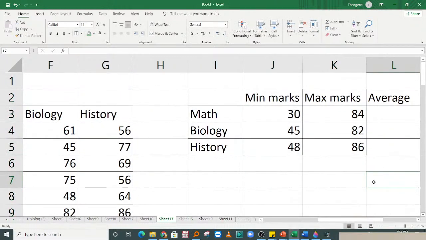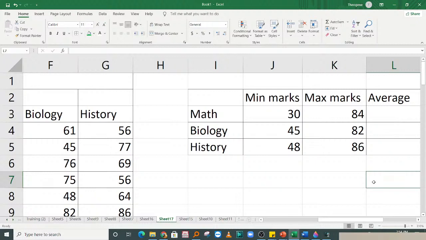Okay, so you see, the first student in mathematics obtained 84. The first student in biology obtained 82, and the first student in history obtained 86.